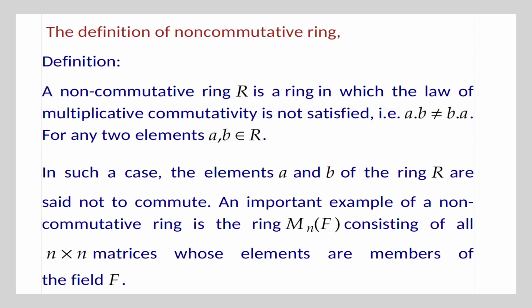An important example of a non-commutative ring is the ring Mₙ(F) consisting of all n by n matrices whose elements are members of the field F. The following examples will give more clarification towards non-commutative rings. Let us see the examples.